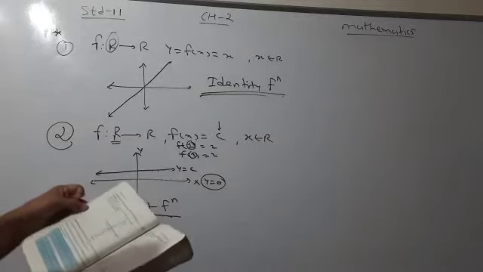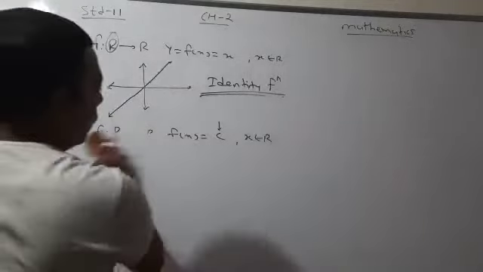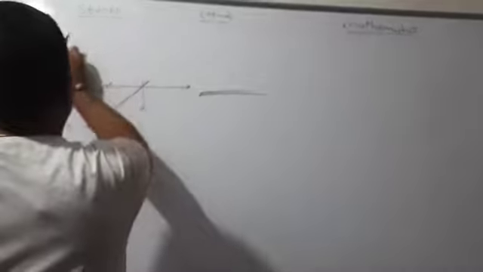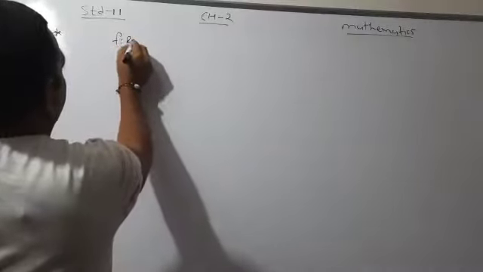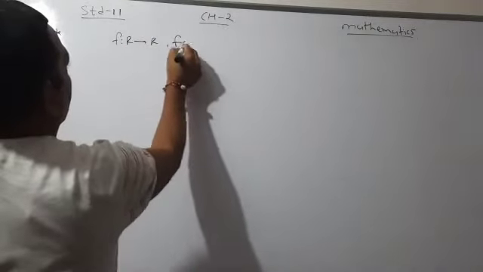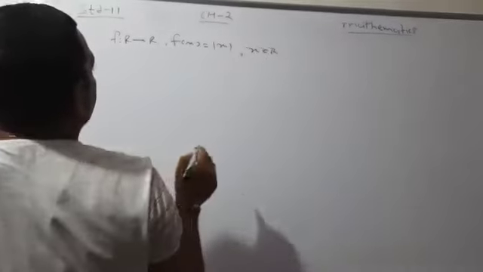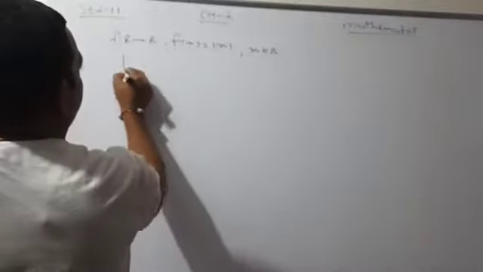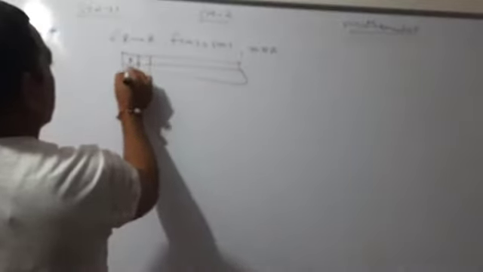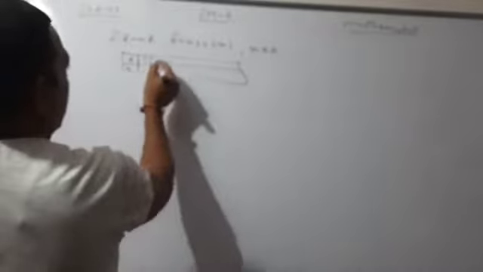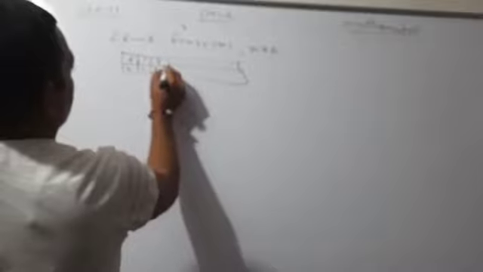Now the next graph is modulus function. What about modulus function? You know that mod always gives a positive answer. The function f from R to R, f(x) is equal to mod x, x belongs to R. Then mod x means if I put x equal to 1, then the answer y, f(x), is 1; 2 gives 2; 3 gives 3.